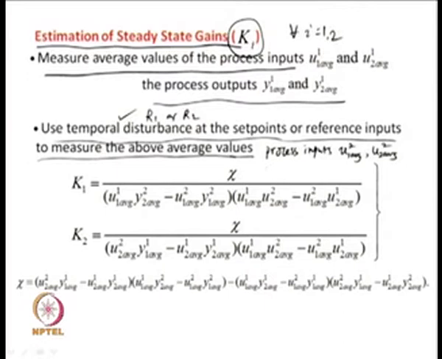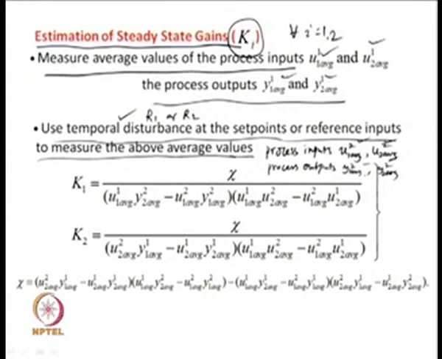Similarly, the process outputs are Y1 average 2 and Y2 average 2. So, this is how I obtain 8 measurements.